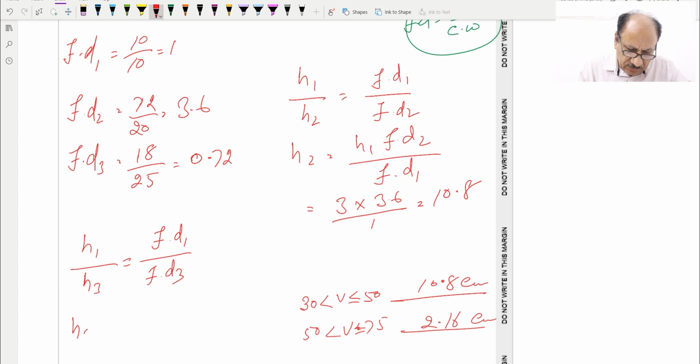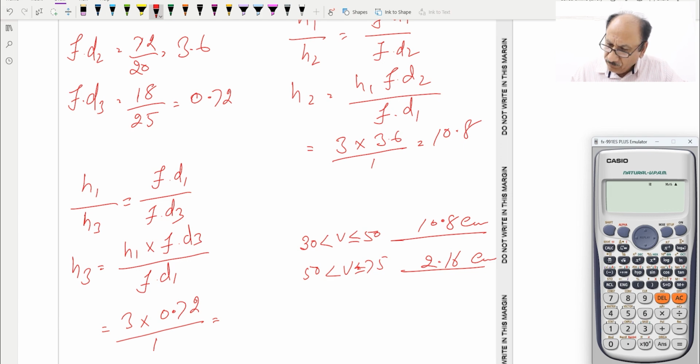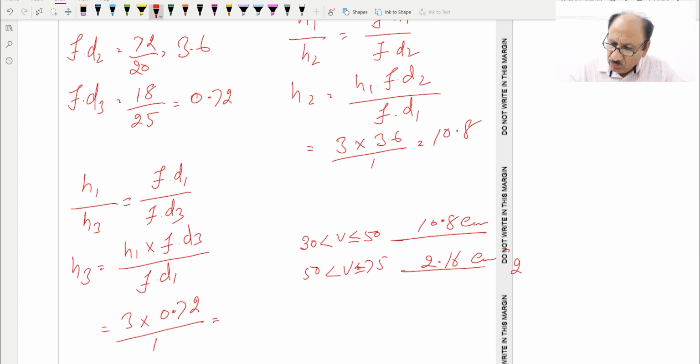So H3 will be equal to h1 into fd3 over fd1. H1 is 3, fd3 is 0.72, divided by 1, and if we multiply 3 into 0.72, this results in 2.16, which we have written. So I have calculated this one as well. This was the 2 marks part which we have done.